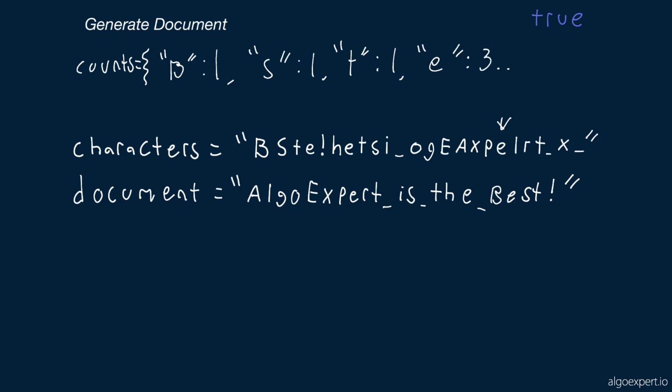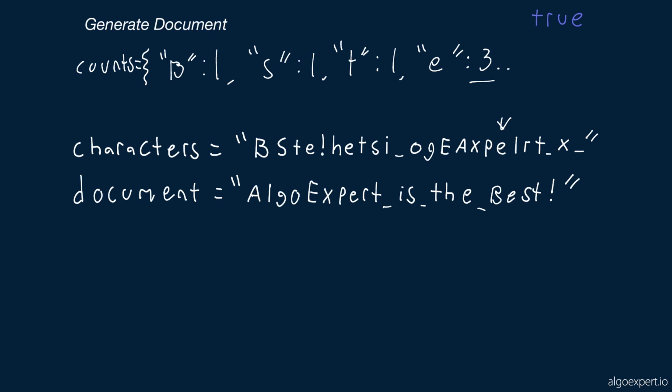So at the end of this first step, where we loop through our characters and count all of the occurrences of characters, we'll have a populated counts hash table, dictionary, whatever. And now all we need to do is loop through our document and check if the counts here correspond with how many times characters occur here. But this time, rather than adding to this data structure when we find a character, we're going to subtract from it.